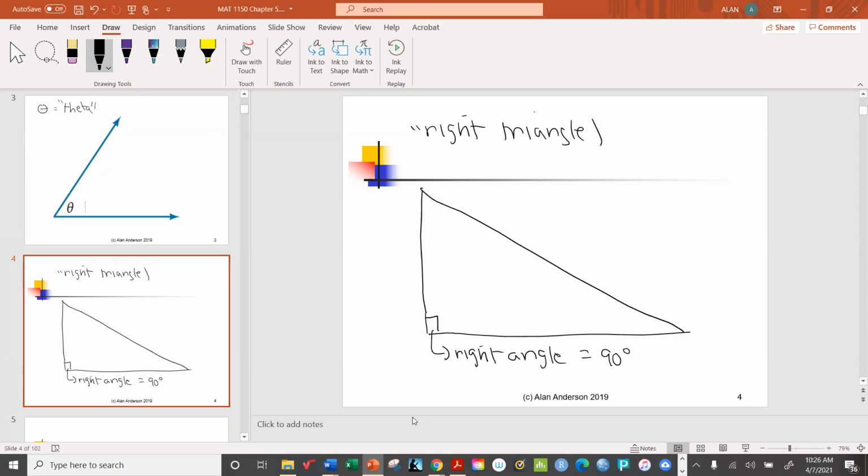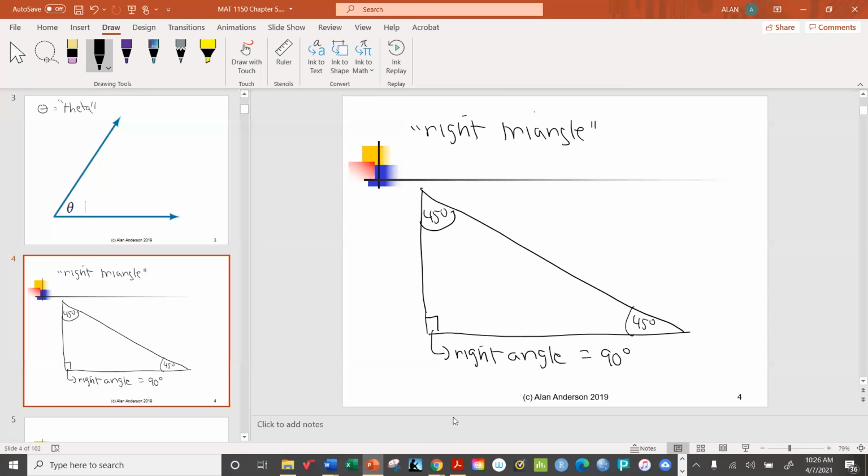And you'll also recall that all the angles in a triangle have to add up to 180 degrees. In this case, if I've drawn it correctly, this could be 45 degrees, although it doesn't have to work out this way.